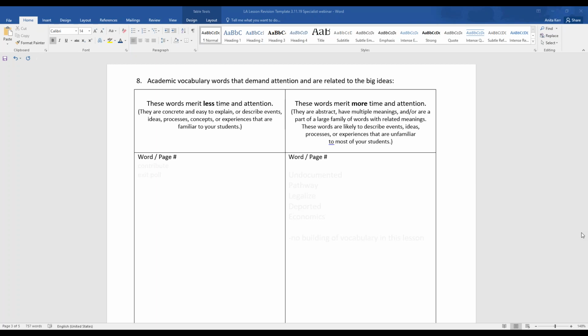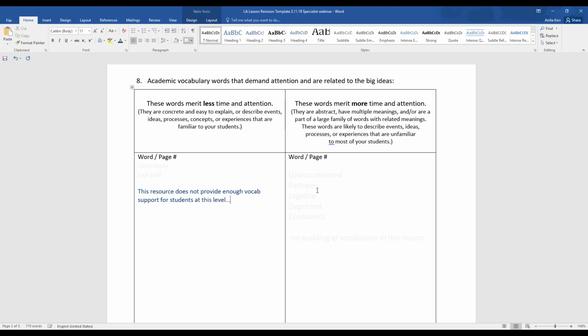So if we were going to say anything, we would maybe just write a broad statement across this page that basically says this resource does not provide enough vocab support for students at this level, right? Something like that.